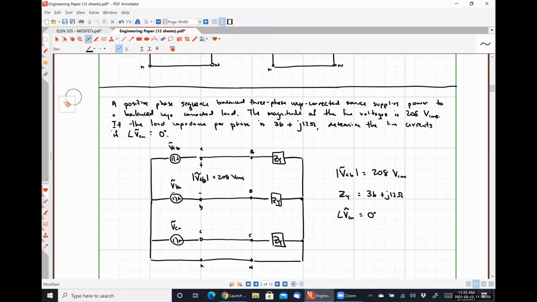And I would argue that that is enough information for us to determine our line currents, recognizing that this is a balanced three-phase system. So I'm going to just identify my line currents real quick, doing them in red to let you guys know this is explicitly what our goal for solving this guy is.